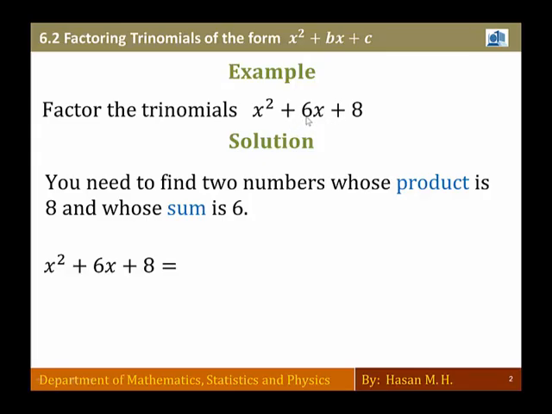The two numbers are 2 and 4. 2 times 4 is 8, and 2 plus 4 is 6. Therefore, the factorization of x squared plus 6x plus 8 equals open parentheses x plus 2 close parentheses times open parentheses x plus 4 close parentheses.